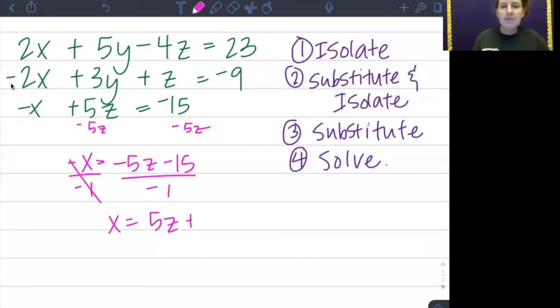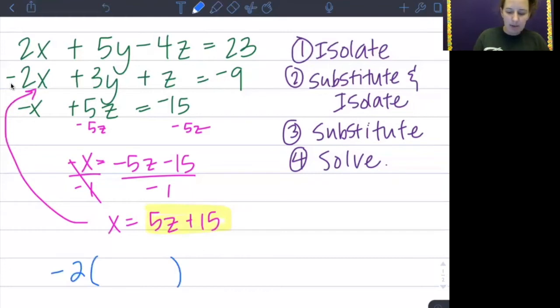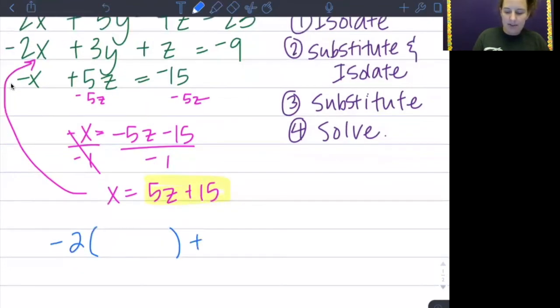So we're going to be able to substitute in this 5z plus 15 for x in one of the other equations. So I'm actually going to plug it into the second equation. So we're going to have -2x, I'm going to leave the parentheses for the x, plus 3y plus z equals -9.